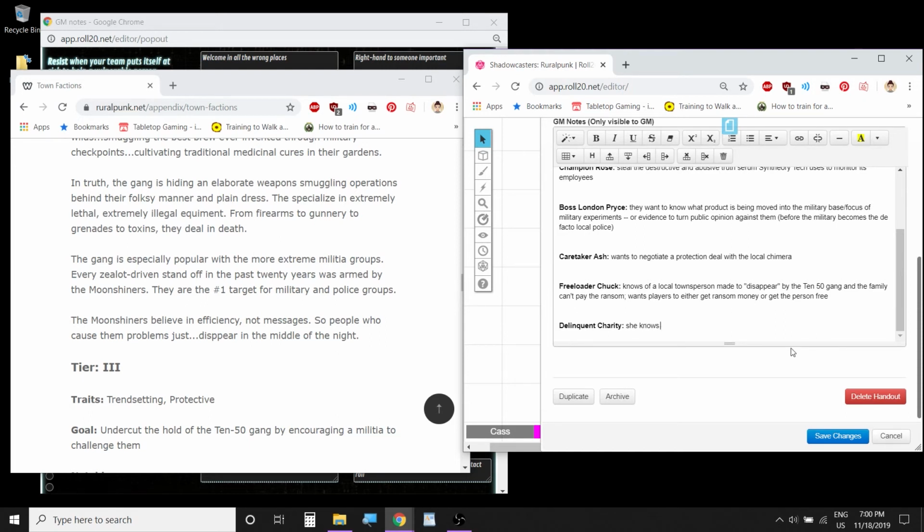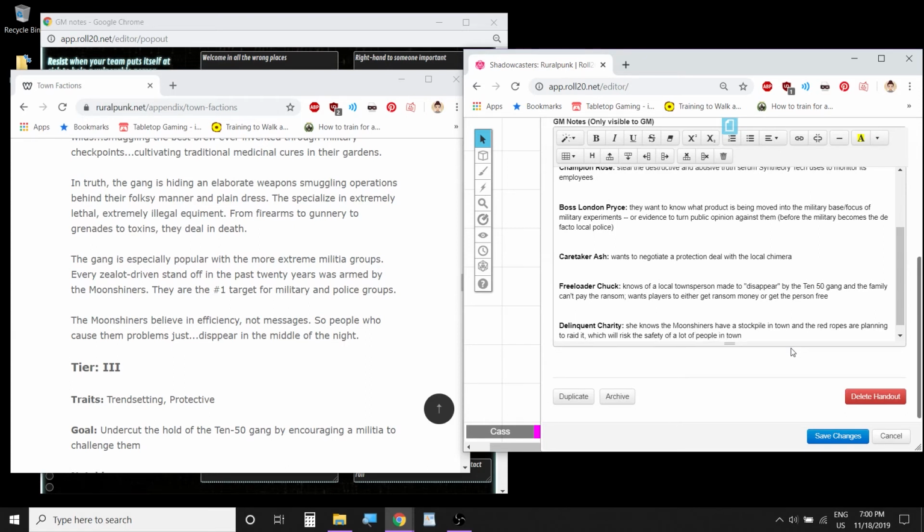So she knows the Moonshiners have a stockpile in town, and the military, the Red Ropes, are planning to raid it, which will risk the safety of a lot of people in town.